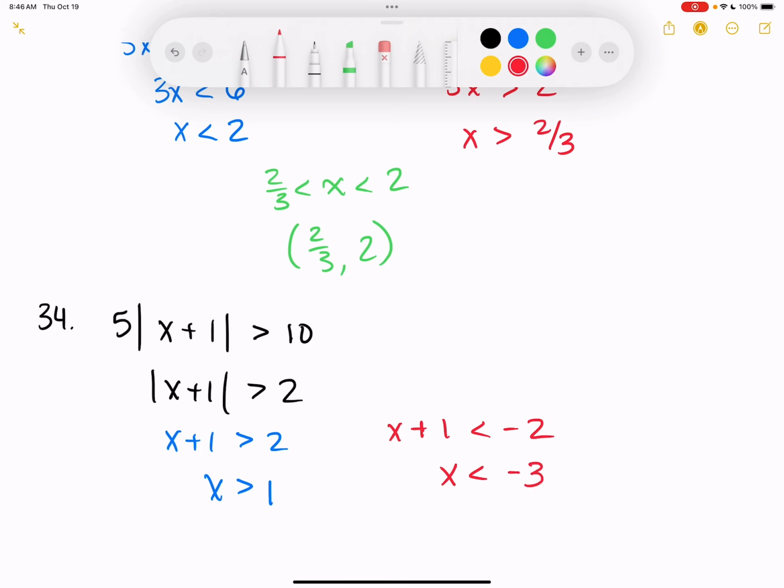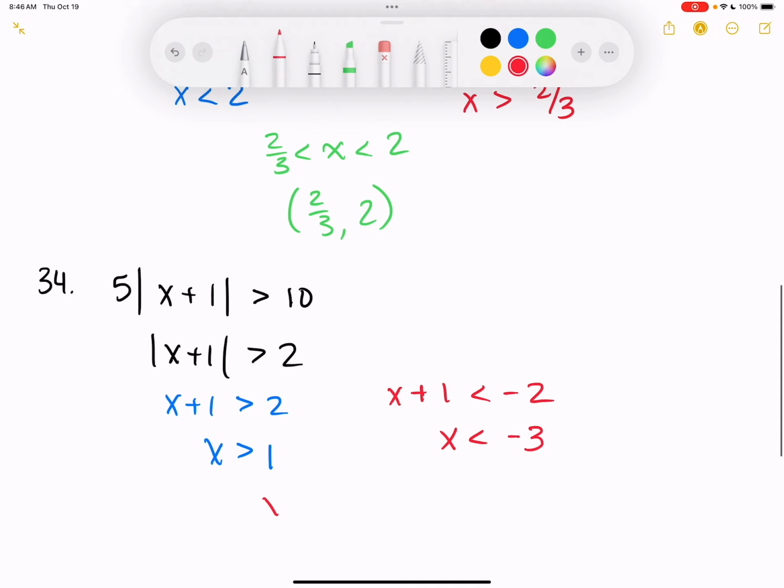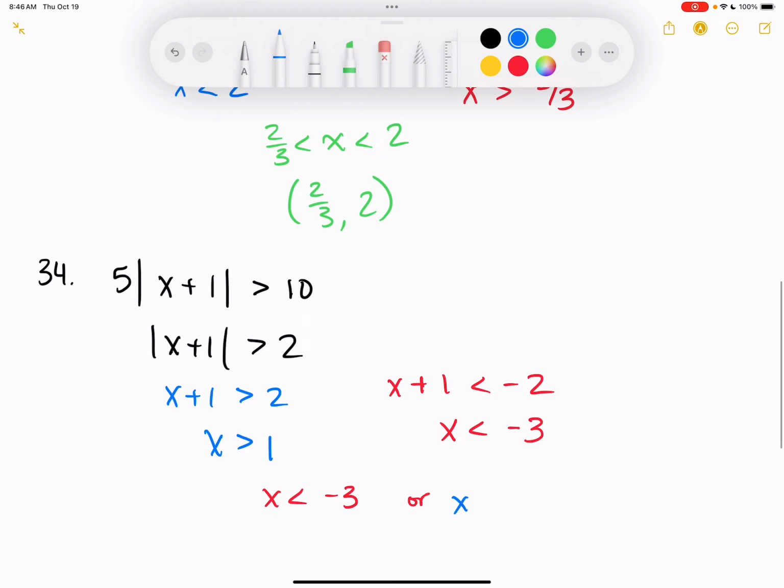So x is less than negative 3, but x is also greater than 1, which means I can't be in between them, so I've got to be outside of them. We draw that line thing. Essentially, x is less than negative 3, or x is greater than 1.